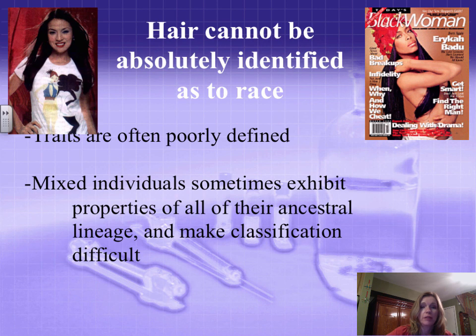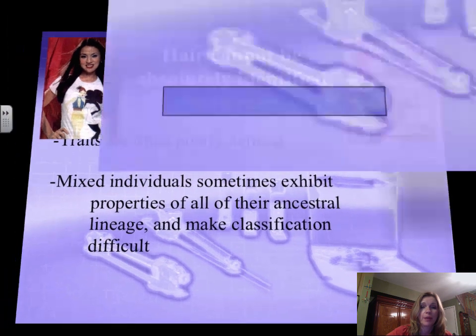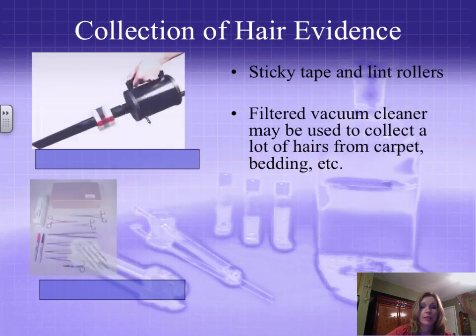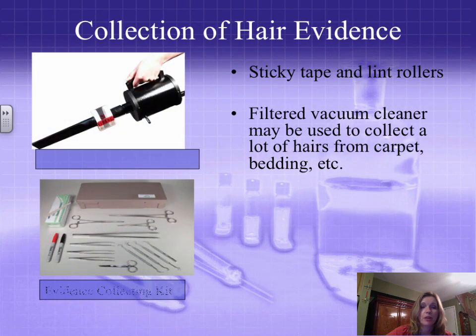So often, you can't really see definition in the traits. Individuals who are of mixed heritage will sometimes exhibit properties of all of the heritage, and so you're not really going to be able to classify it very well. And we will look at hair of different races in class and see if we can figure it out.